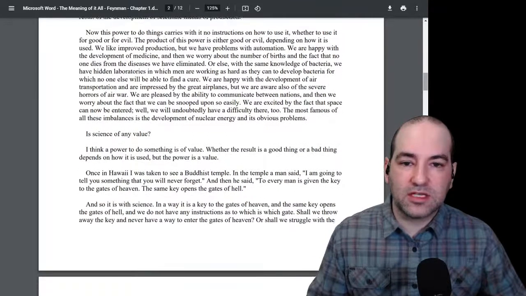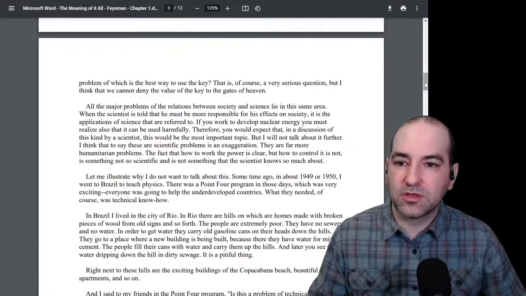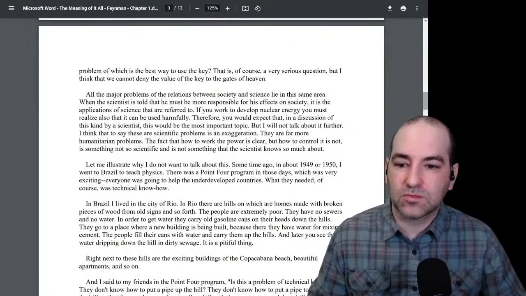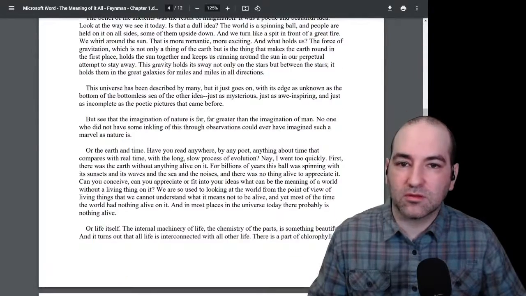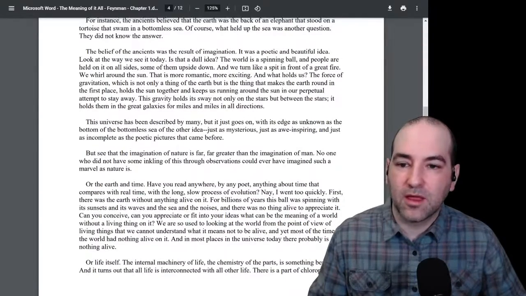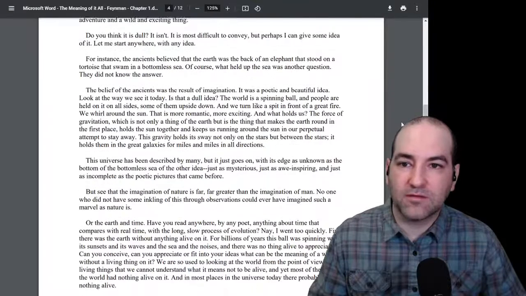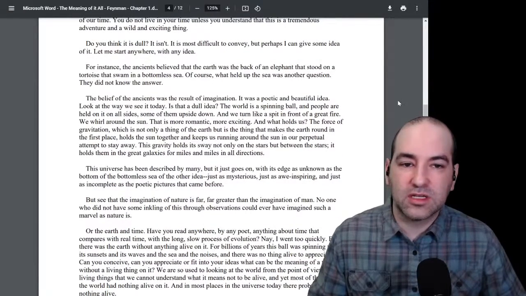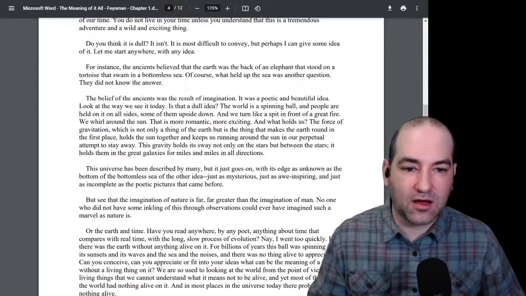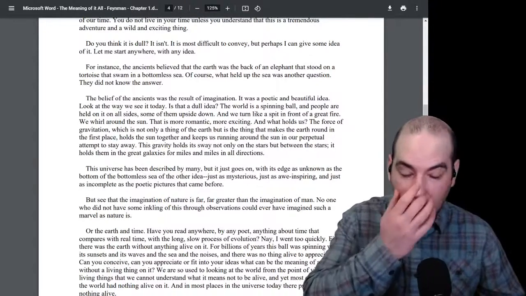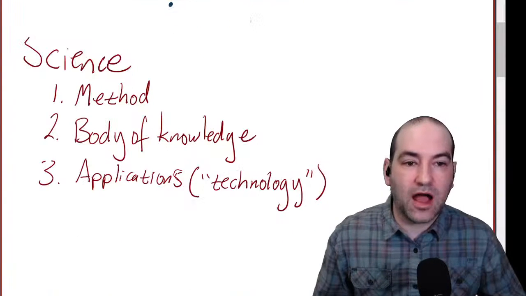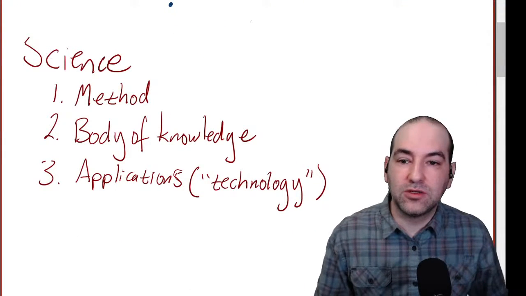And then I think he spends most of his time, and the most exciting and beautiful writing for him, talking about the second part of science, which is the method of finding things out. The second one, which is the body of knowledge, what you can actually figure out by doing science.